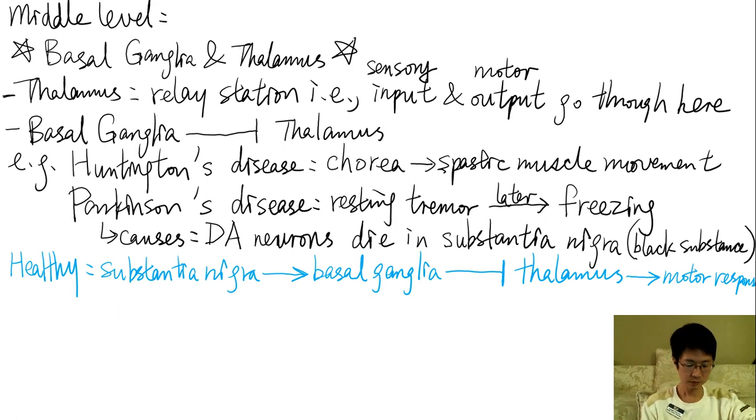What about PD? For a patient with PD, as I said, the dopaminergic neurons die in the substantia nigra.